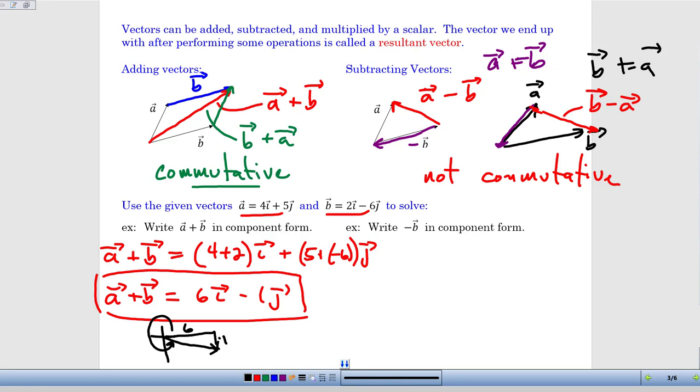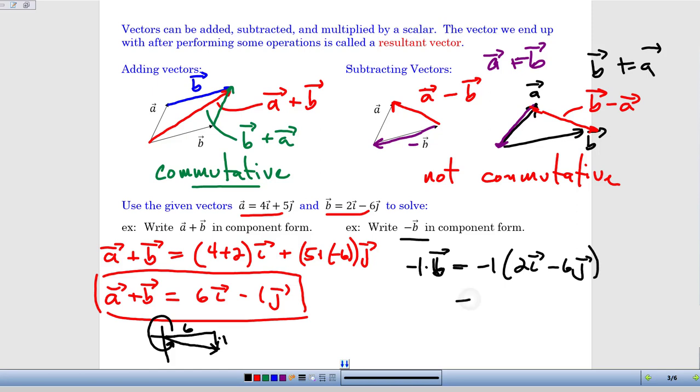In the second example here, we're asked to find negative b in component form. So if the magnitude is supposed to be the same, but the direction is just supposed to be reversed, then all I'm going to do is just take those components and multiply them by negative 1. So we've got negative 1 times 2i minus 6j.